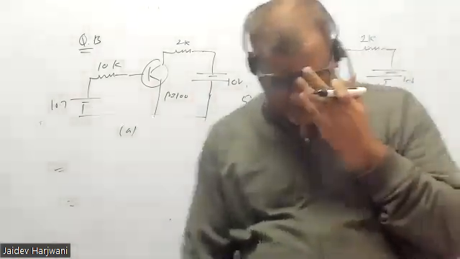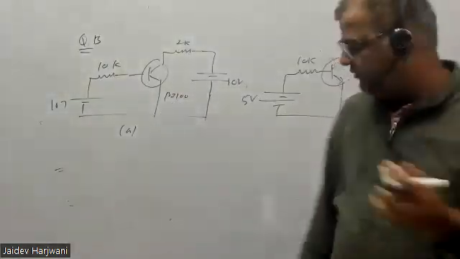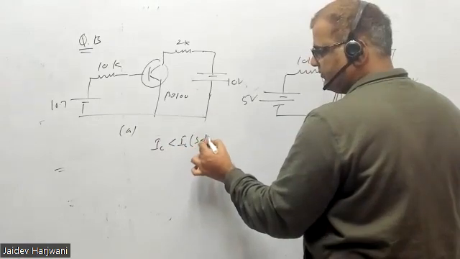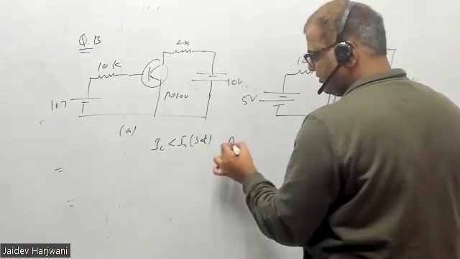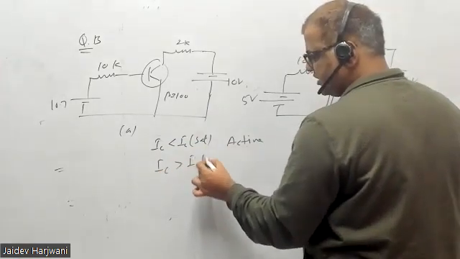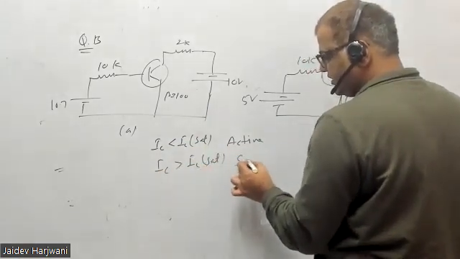ऑपरेशन रीजन बताने के लिए आपको क्या करना है? IC चेक करना है. If IC is less than IC saturation, then operation region is active. If IC is greater than IC saturation, then operation region is saturation.